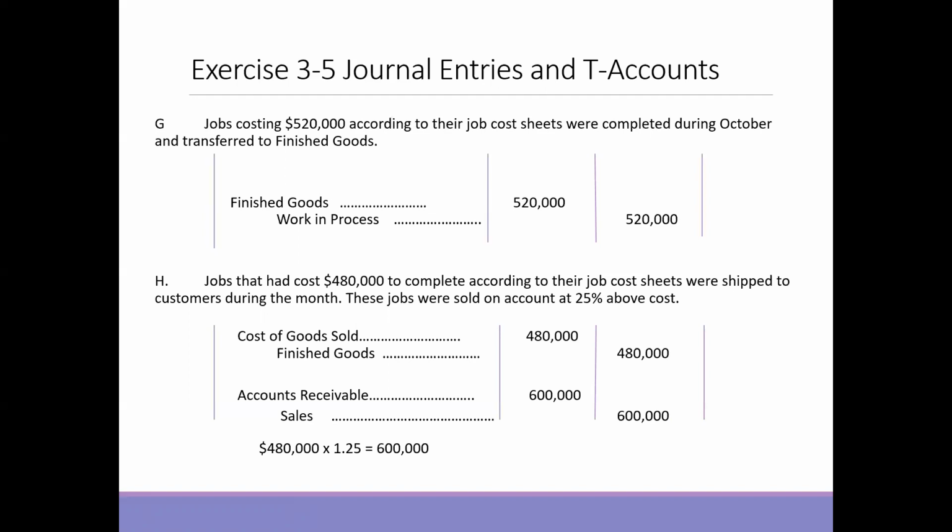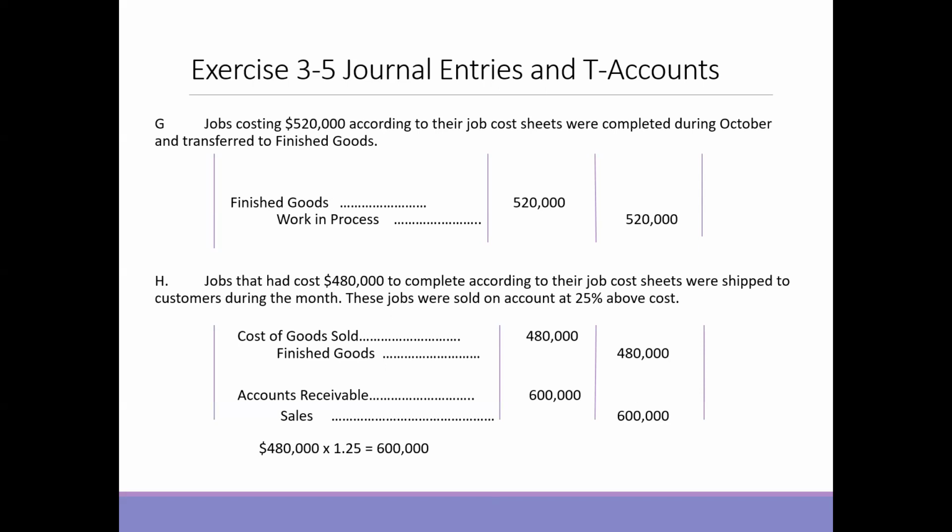Then it says jobs that had cost 480,000 to complete according to their job cost sheets were shipped to customers during the month. These jobs were sold on account at 25% above cost. So 25% above cost means we sold them for 600,000.